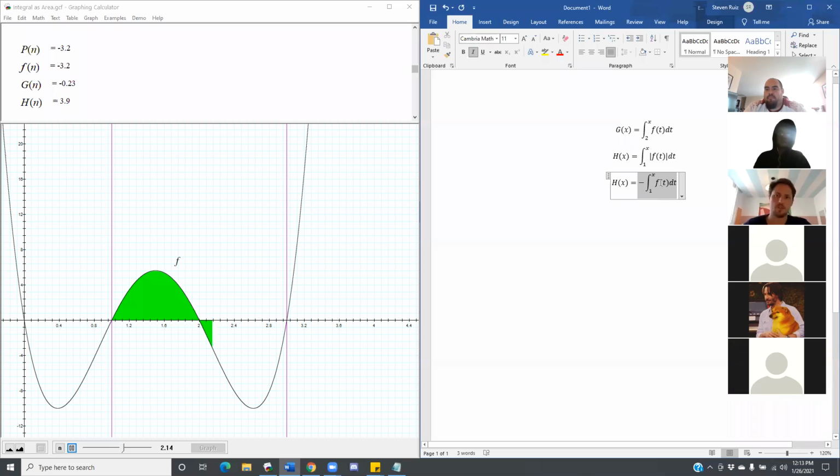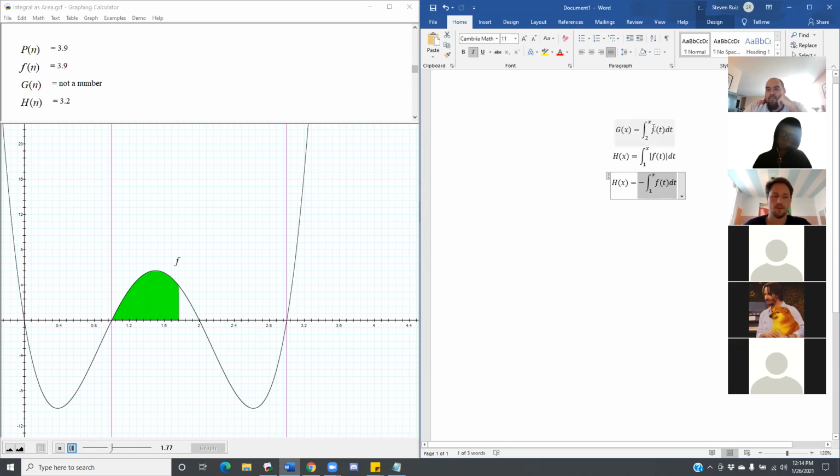Could you just add h of x and g of x? Because if it's unsigned from 1 to 2, and then signed from 2 to 3. Actually, never mind, I'm just thinking about what I'm saying.